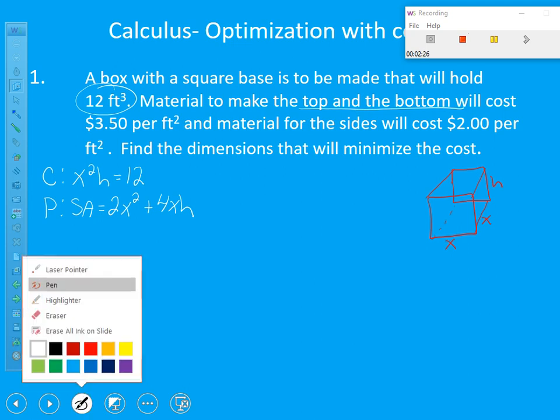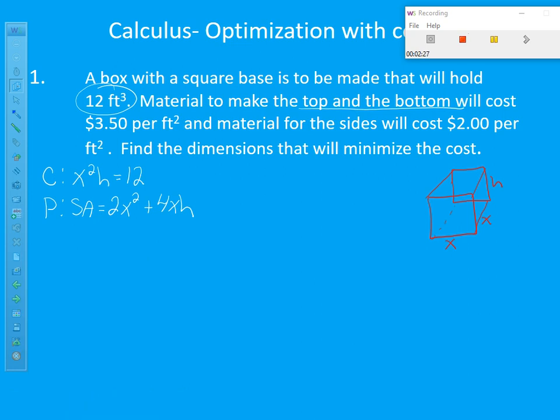Material for the top and the bottom will cost $3.50 a square foot, and material for the sides will cost $2. So now I'm going to turn this surface area equation into a cost equation. The surface area of the top and the bottom is 2x squared, and that material costs $3.50 per square foot.